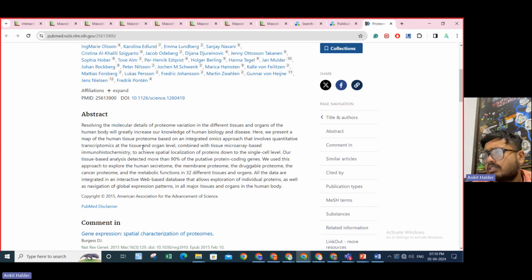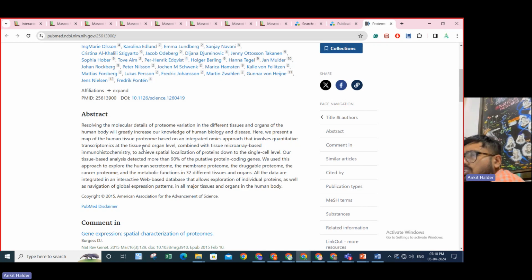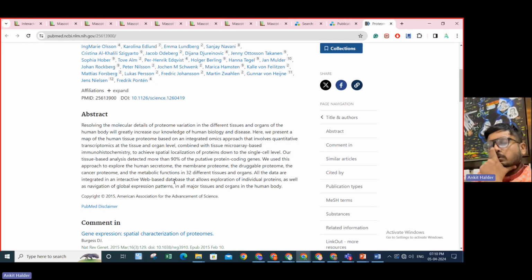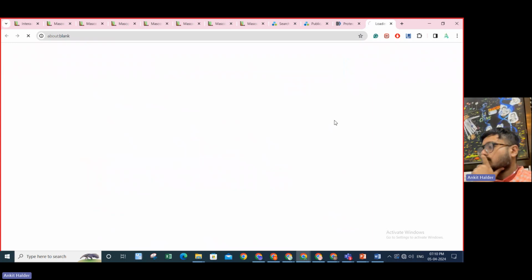It detected more than 90% of the putative protein coding genes. We use this approach to explore the human secretome, the membrane proteome, the druggable proteome, the cancer proteome, and the metabolic functions in 32 different tissues and organs. It is an integrative web-based database that allows exploration of individual proteins and global expression patterns in all major tissues and organs in the human body.